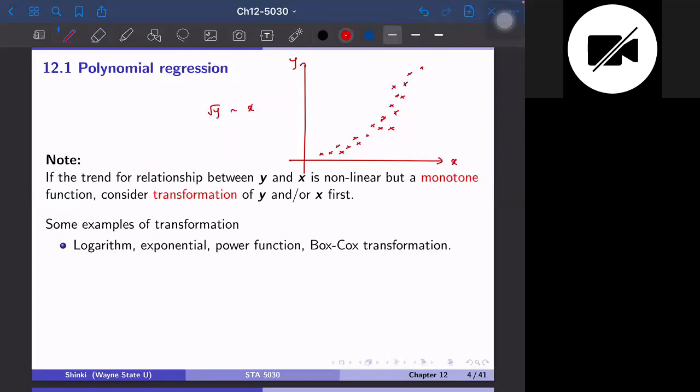Then the relationship probably becomes linear, and we only have to use two parameters, the intercept and the x term. That should be better. So at first, try transformation if the relationship is monotone. But if the relationship is much more complicated, such as this, then we have to think about polynomial regression. Transformation can be done by logarithm, exponential, power function, or Box-Cox transformation, which is a kind of automatic method which optimizes the shape of the monotone function.